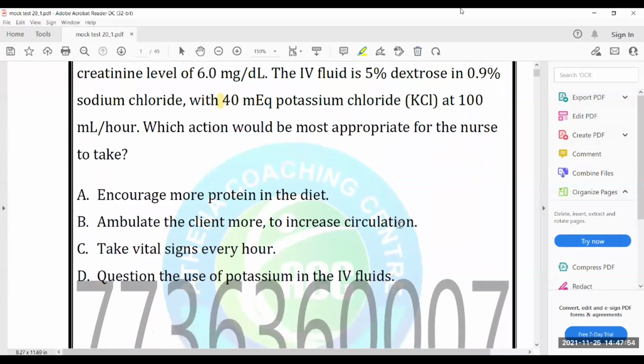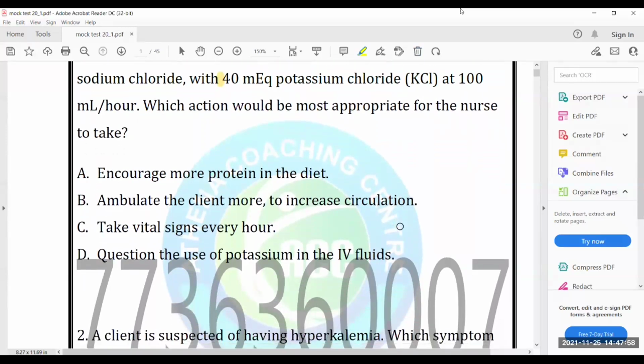Potassium is wrong. Potassium should never be given in this situation, so A is the answer. Next.